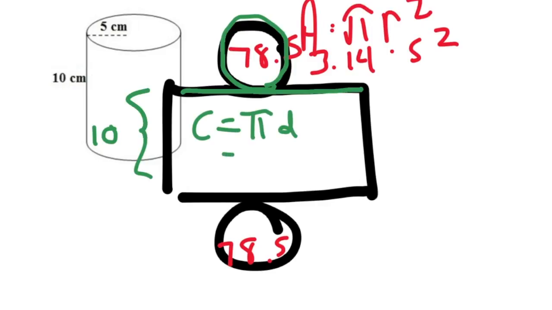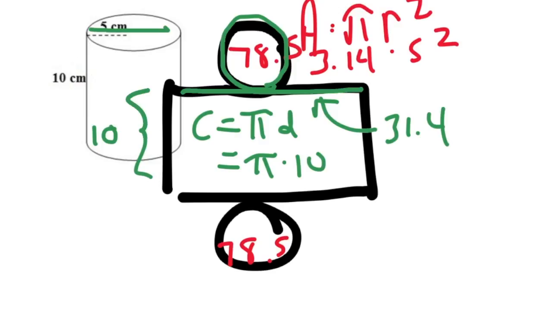In this case, that would be pi, and the diameter is 2 times 5, which is 10. So we have a circumference of 31.4. That means the area of this rectangle is 10 times 31.4.